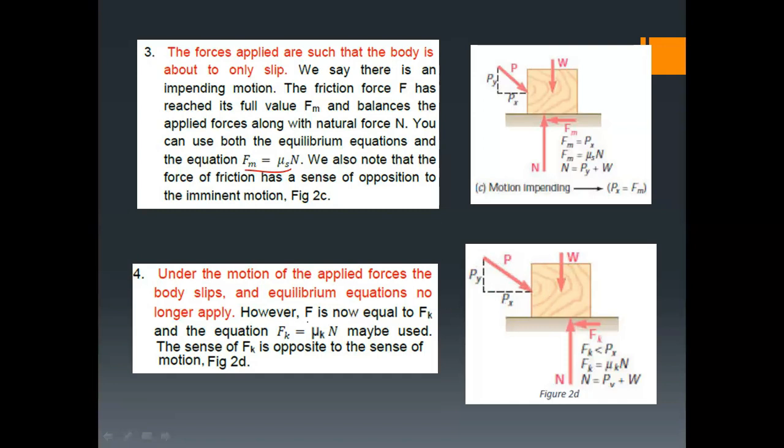So, however, our force is now equal to your kinetic force, and the equation where kinetic force natin is equals to your kinetic coefficient of friction times your normal force may be used. And then the sense of F is opposite to the sense of motion. So, opposite na yung nangyayari, kasi nga, meron ka ng movement. Okay? So, mamaya meron tayong mga sample dyan to further discuss kung ano yung nangyayari.